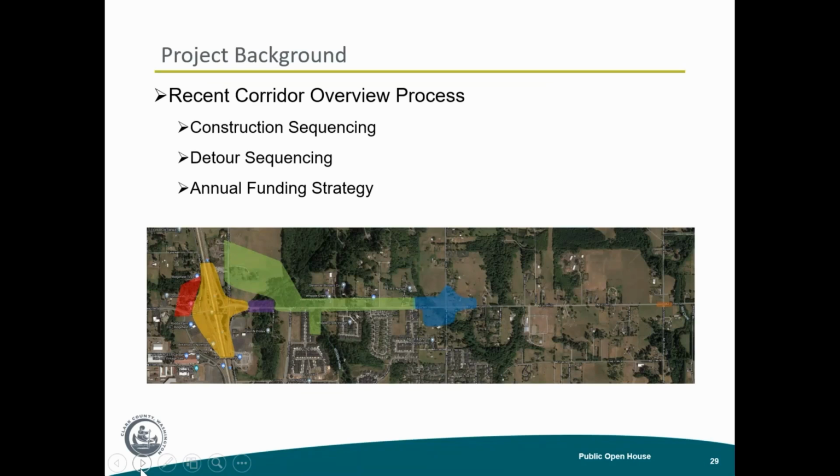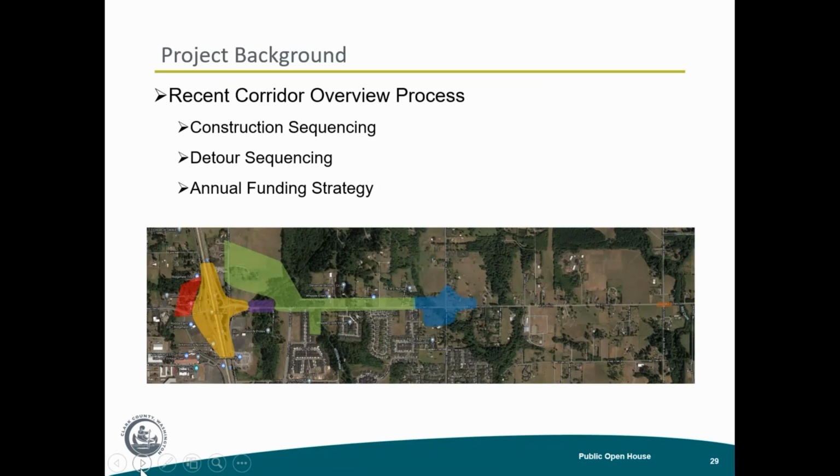The interchange is being completed by the Washington State Department of Transportation, and they will be doing a total reconstruction of the interchange and changing out the bridges and also changing out the on and off ramps and where they connect into 179th.